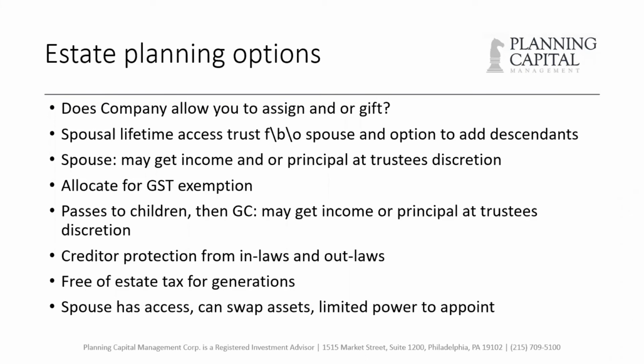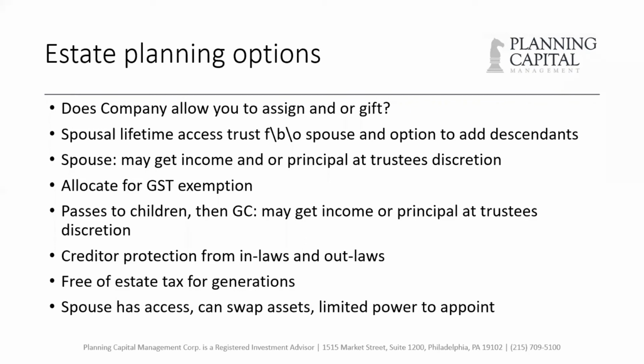And then let's say, knock wood, as planned, the asset exploded in growth and went from $1 million pre-discount to $5 million. Well, if that happened, you now have $5 million in this SLAT, and you might want to benefit your children. So the trustee can exercise its discretion for the benefit of spouse and children and not have to utilize any more of your lifetime exemption. So it's a very efficient way to gift.